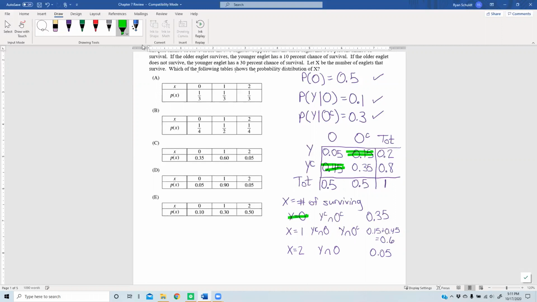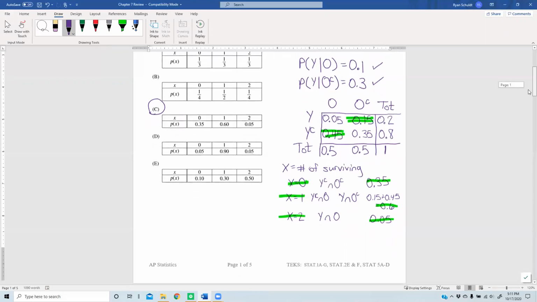When X is 0, my probability needs to be 0.35. When X is 1, probability needs to be 0.6. X equals 2, probability needs to be 0.05. The table that has that as its option is C. So C is our answer on number 1.